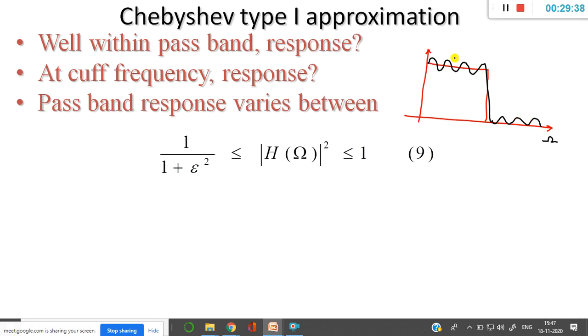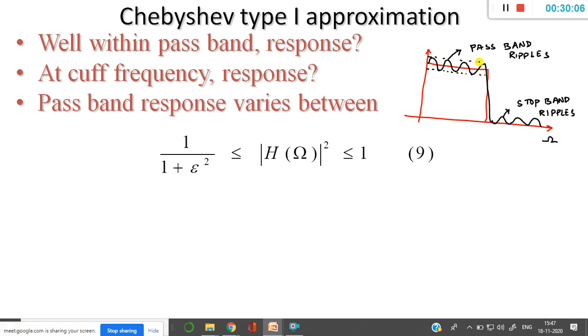So once again, there will be ripples in the stopband. This we call passband ripples, and here we call this stopband ripples.